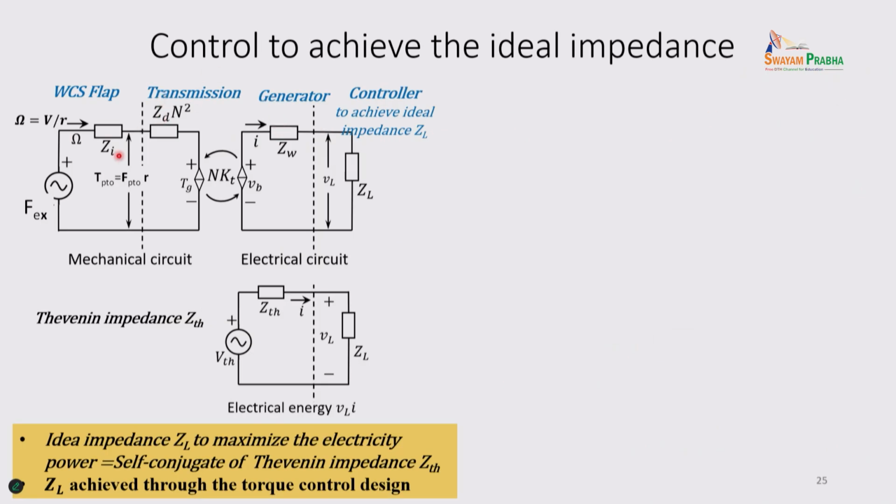Now, the same figure you just drew here. That is torque times rotation speed, or force times velocity. That's mechanical power, right? Electric power is here, voltage times current. And Thevenin's impedance means, for any source system like that, you look into it, there's an impedance here, right?